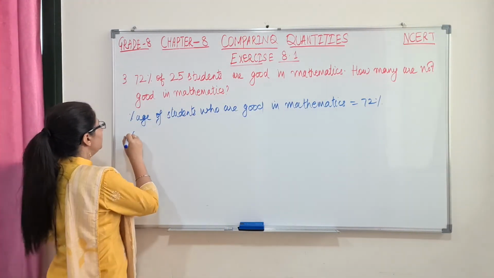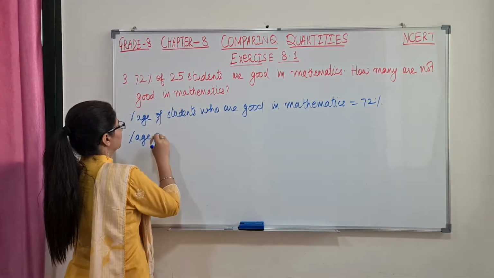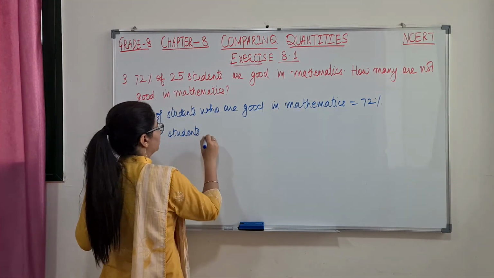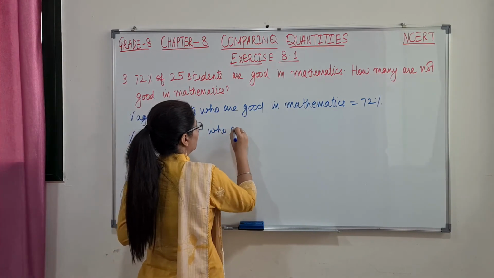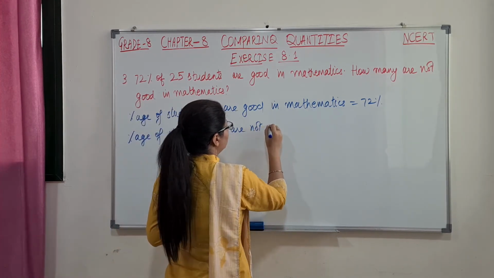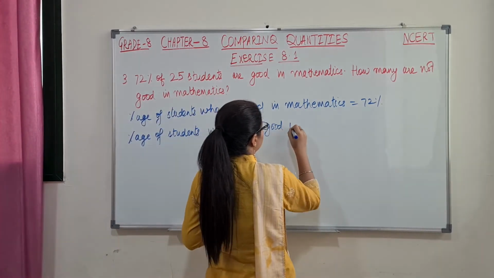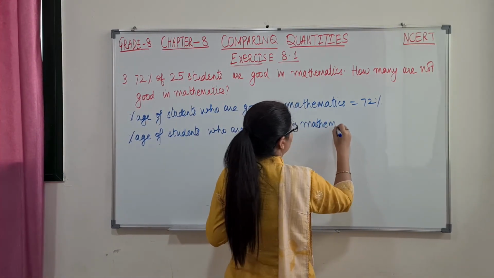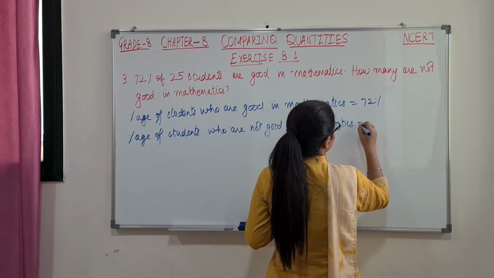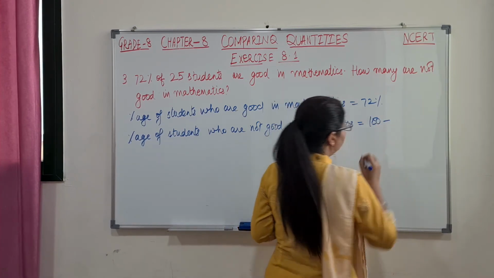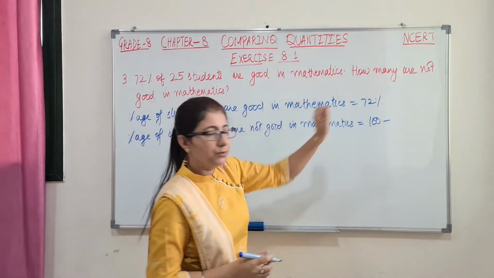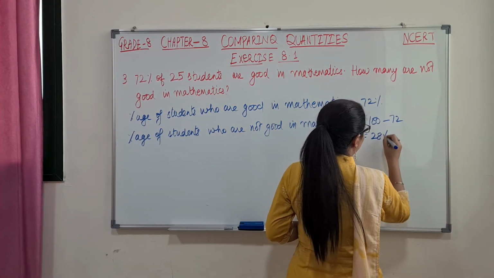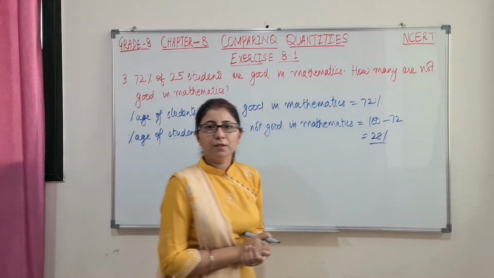Okay, so percentage of students who are not good in mathematics is equal to 100 minus 72. Okay, so 100 minus 72 is 28%. That's it. This is our third answer.